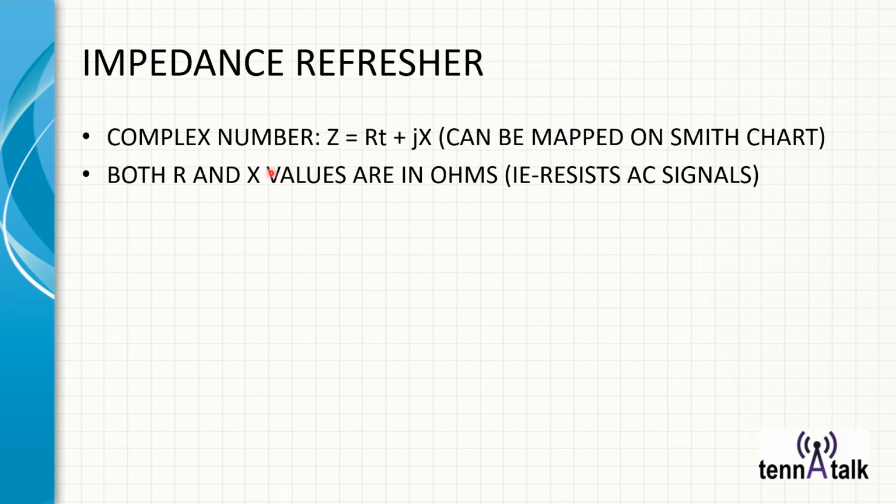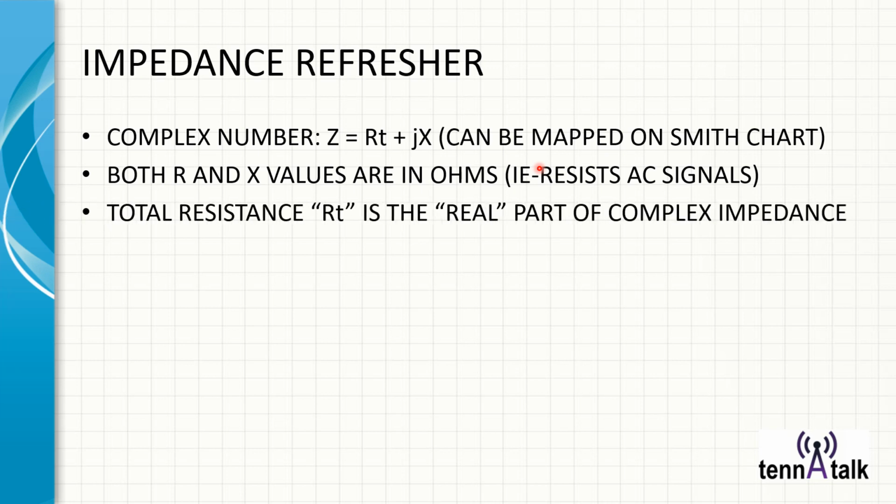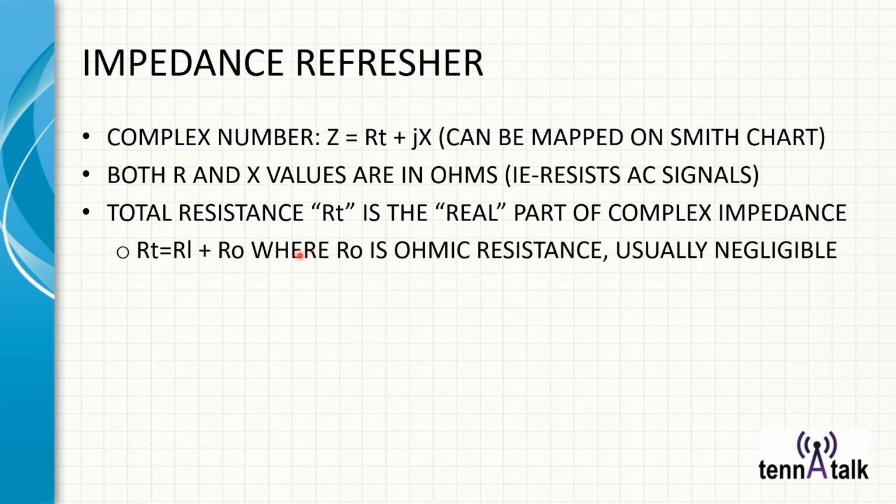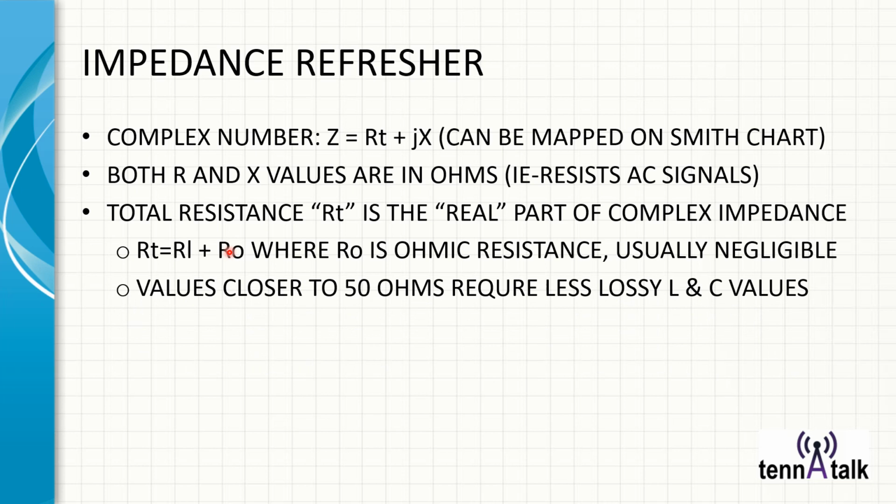Both the R and the X values are in ohms, because it resists AC signals just like it resists DC signals. The total is RT, which is the real part of the complex impedance, and as I mentioned, it's a combination of the load or radiation resistance plus the ohmic resistance, and that ohmic resistance is often negligible, but it's still there. Now, values that are closer to 50 ohms require less lossy LC values.